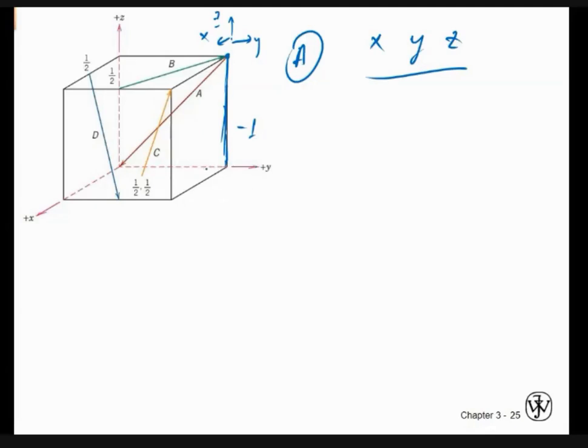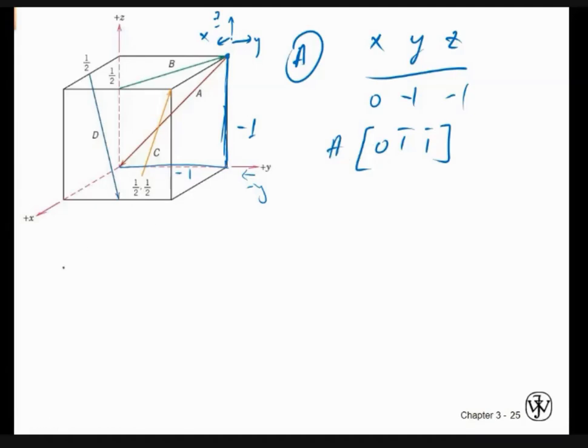If I go left, this side will be negative y, so positive y, this will be negative y. If I go full length in negative y, and I don't need x-axis, so it will be 0, negative 1, negative 1, enclose it in bracket, no commas. So that is Miller indices for vector A.